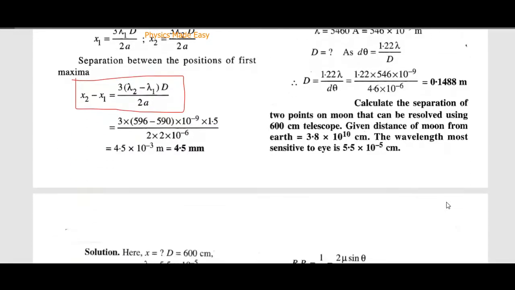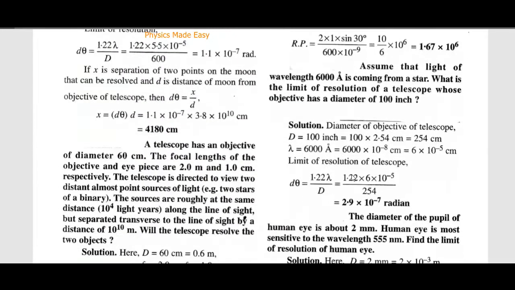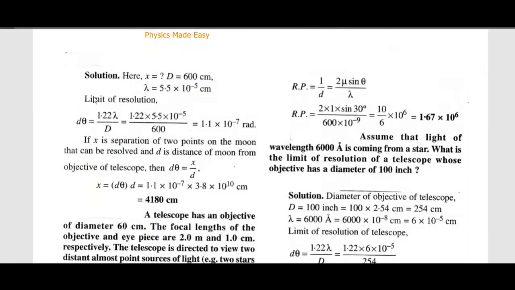Trivial question: calculate the separation of two points on the moon that can be resolved using a telescope of 600 centimeter. Given the distance of the moon from this and this, all these are trivial questions. So only one thing is this, he has given us the limit of resolution.